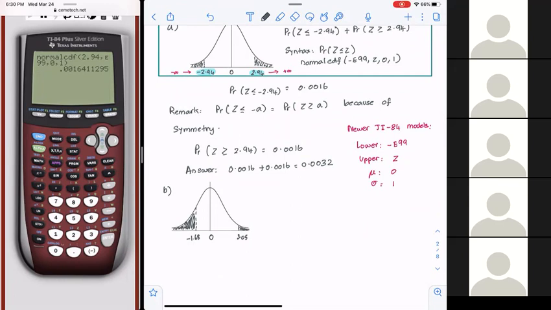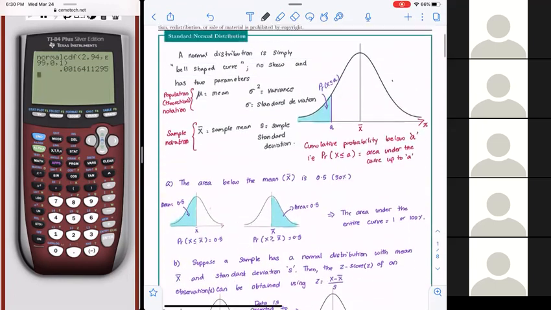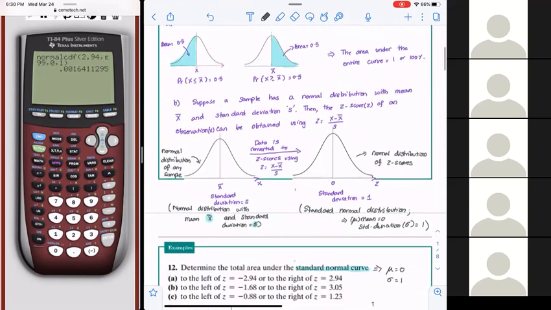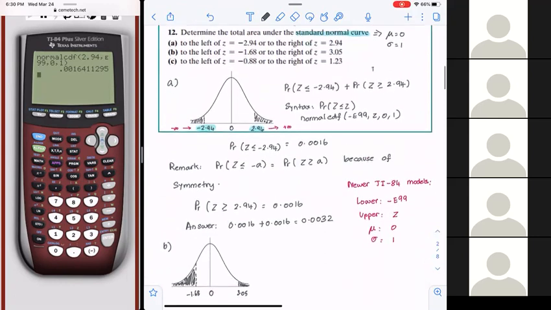You have to keep in mind, by drawing this picture, the bell curve, you can get an idea about the answer just by looking at the area that you shade. We already know that the area below the curve is 0.5, area above the curve is 0.5, and the total area under the curve is 1.